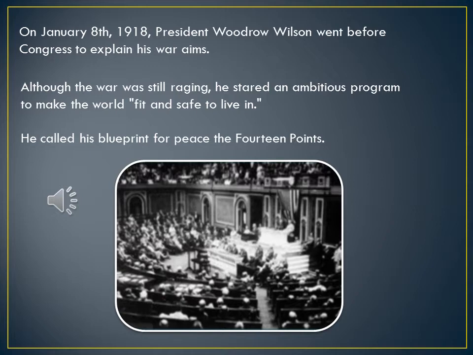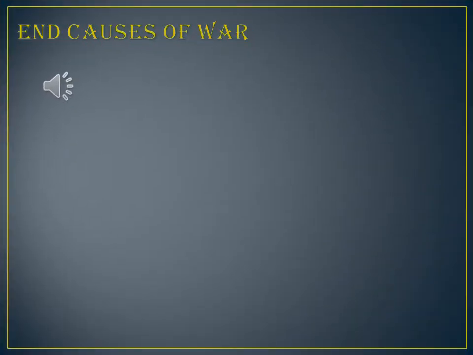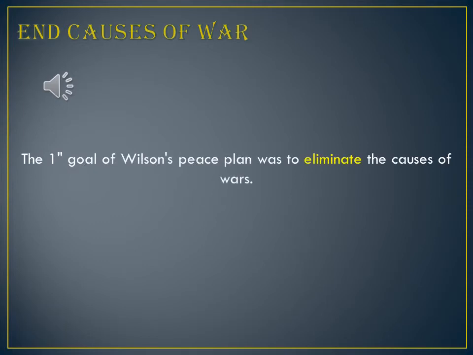On January 8, 1918, President Wilson went before Congress to explain his war aims. Although the war was still raging, he started an ambitious program to make the world fit and safe. The first goal of Wilson's peace plan was to eliminate the causes of war.